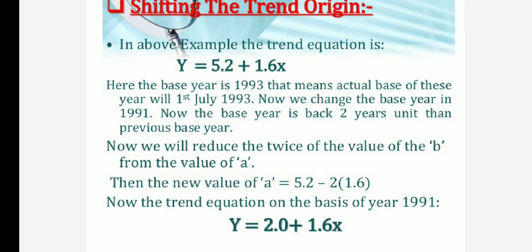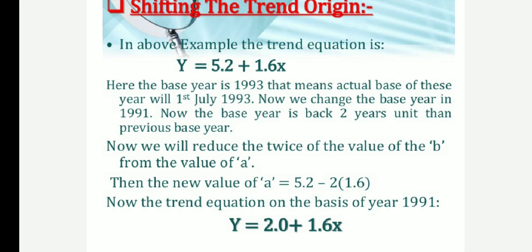Here the base year is 1993. That means the actual base is the 1st of July 1993. Now we change the base year to 1991. Now the base year is back 2 years from the previous base year.